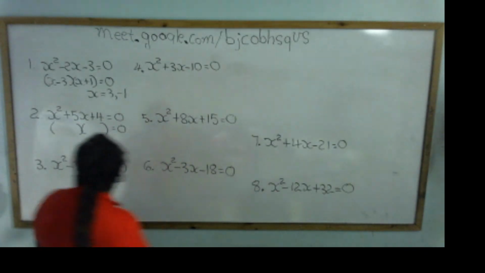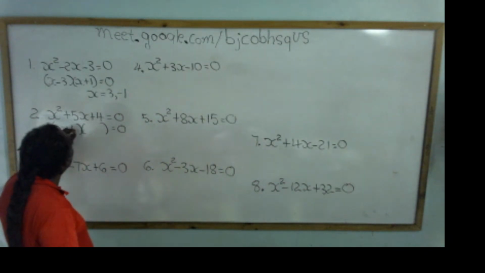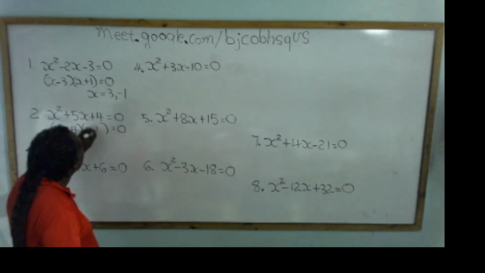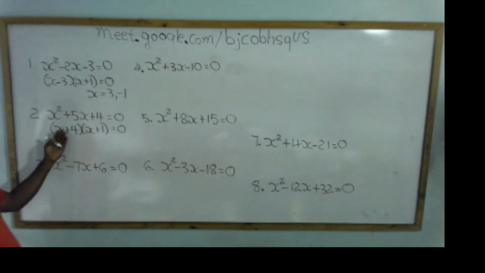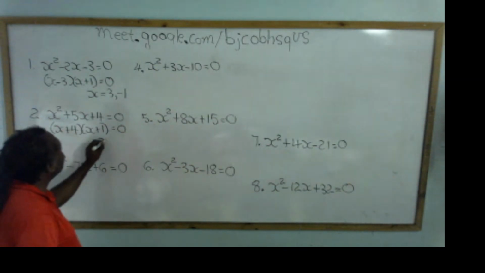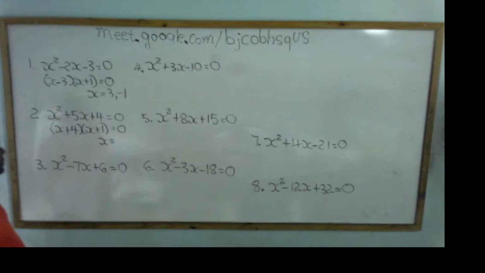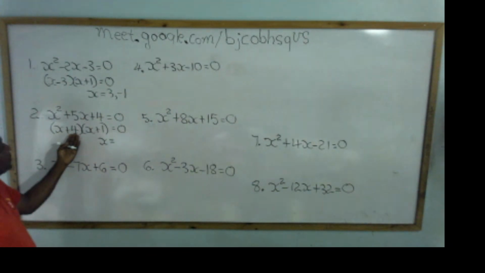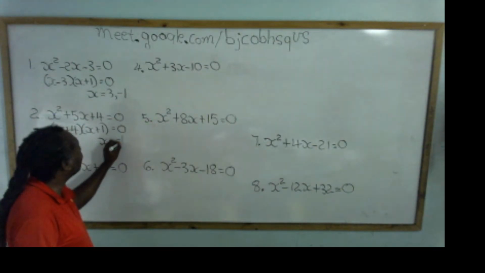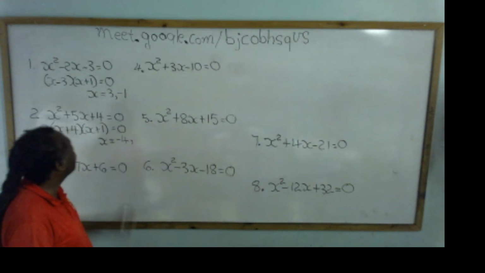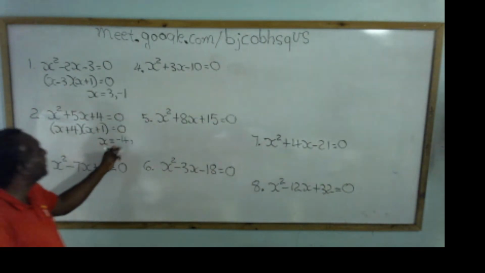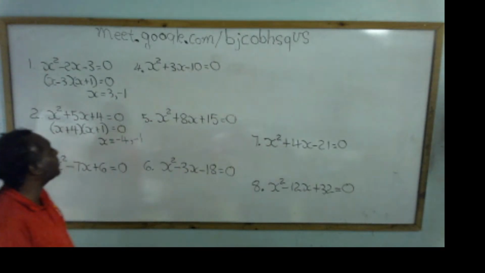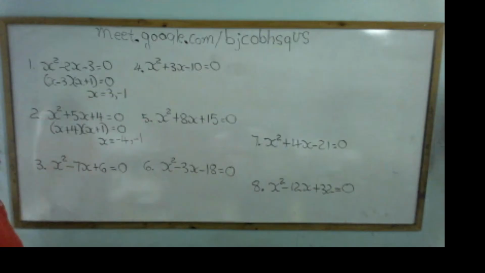A +4 and a +1. So we'll have x plus 4 with x plus 1, and of course, we're going to say this one is equal to 0. If x plus 4 is equal to 0, we will eliminate this +4 by subtracting 4. So x is equal to -4. And if x plus 1 is equal to 0, then we'll eliminate this +1 by subtracting 1, on the other side also. So x is equal to -4 and -1.